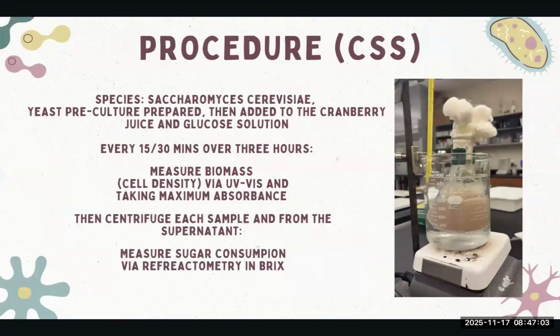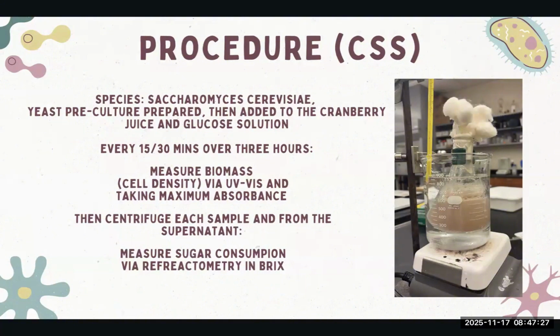Our method at CSS to analyze the growth of yeast was to create a yeast culture and add that yeast culture to cranberry juice and glucose, and to test every 15 to 30 minutes in order to see how the glucose has been used up and how much the yeast has grown.